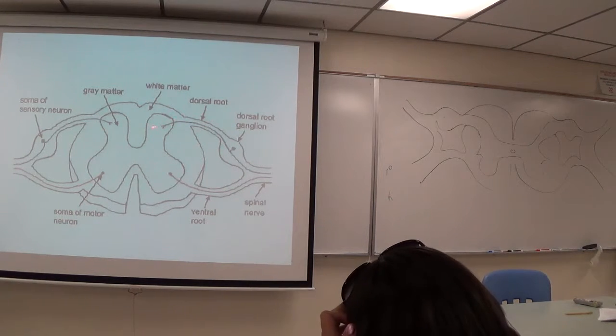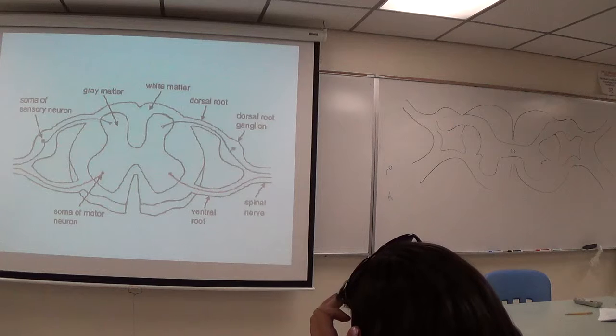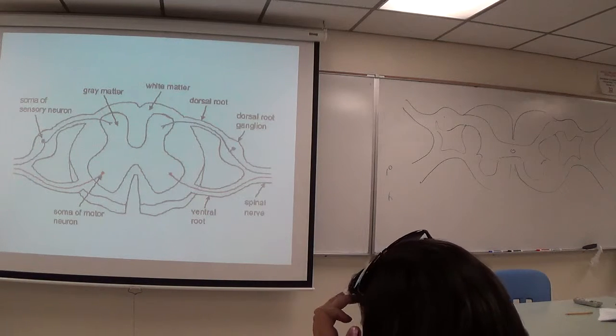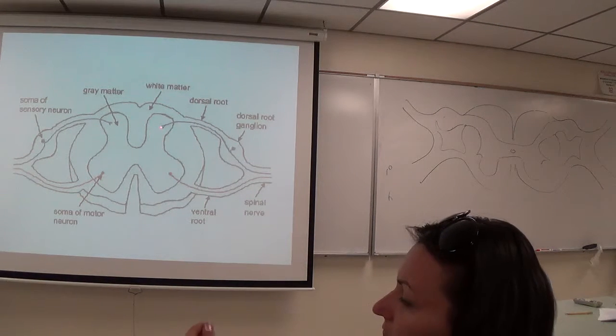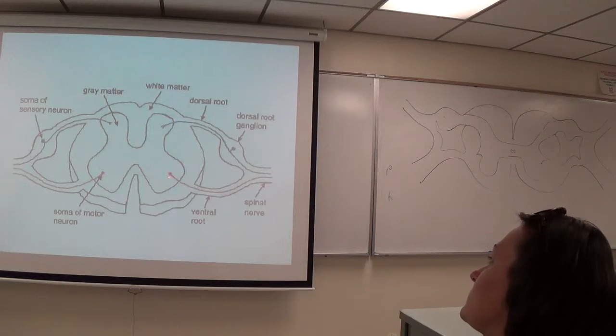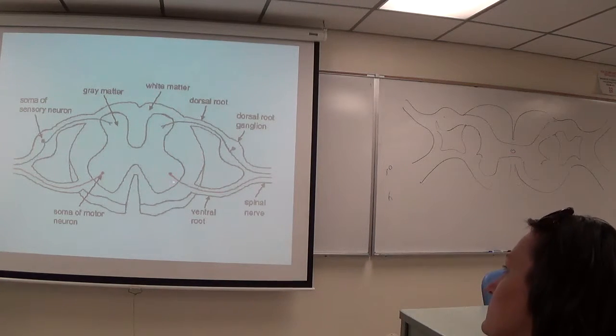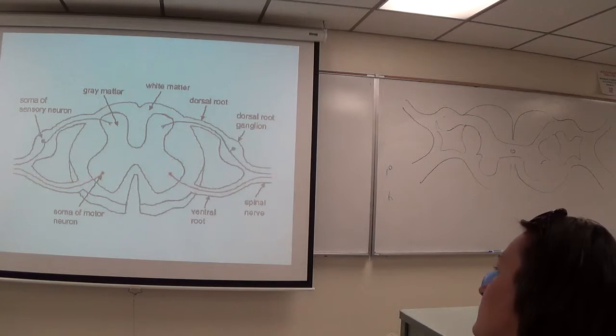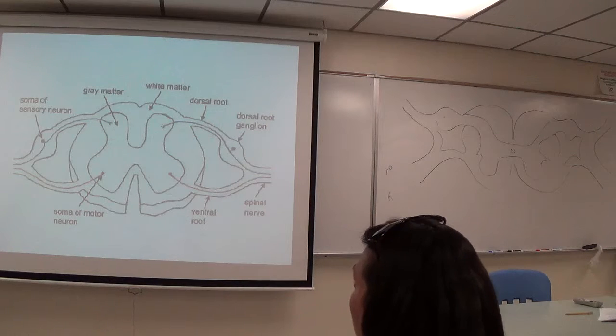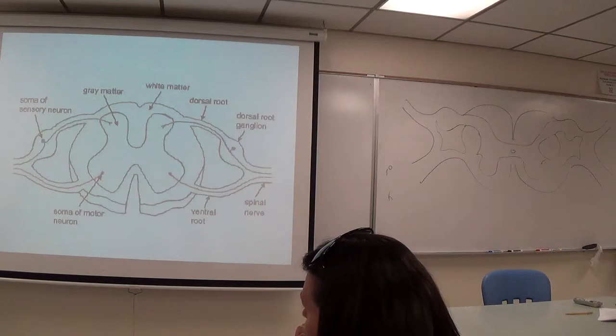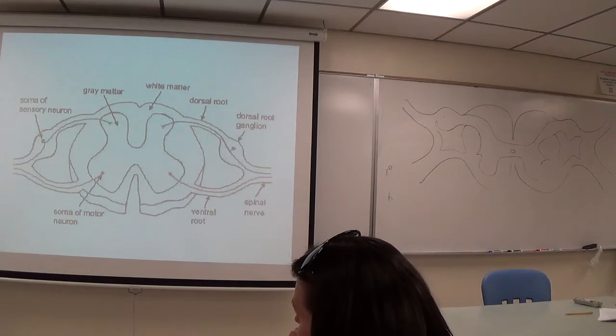Many of them will end in the posterior gray horn. The first pathway we're going to cover, they don't, but many of them do. And as we just discussed, the multipolar neuron cell bodies form the anterior gray horn, and they pass out to the ventral root. Right? So this is why I wanted to cover spinal cord the other day. This is where we're going to be using it.